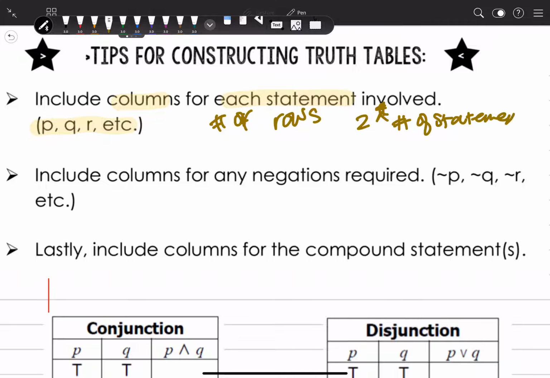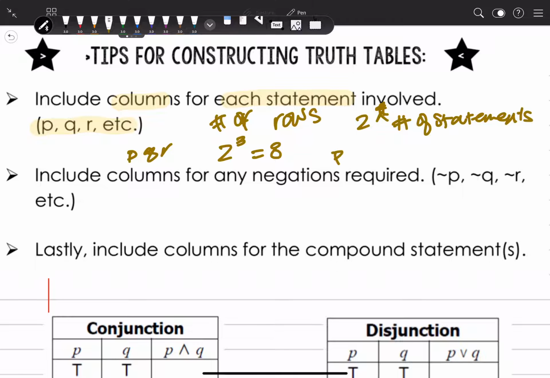In this case, we're using statements as letters. So say if you have P, Q, and R, that's 3 statements. You would do 2 to the third. And the reason we're using 2 is because you have 2 options for each of these, true or false. So you take it to the third power, and you would know that you would have to make 8 rows.